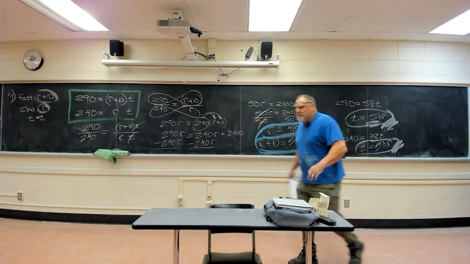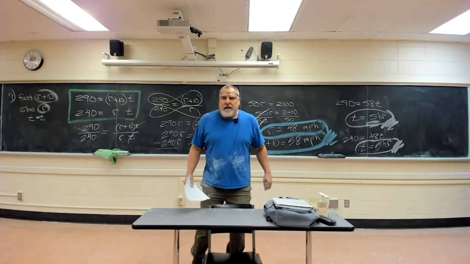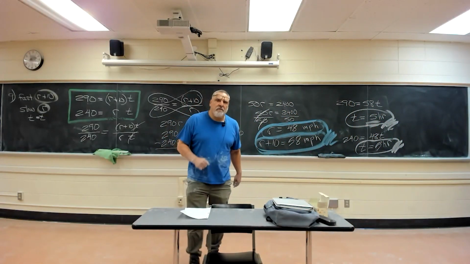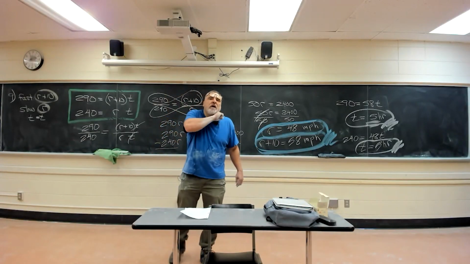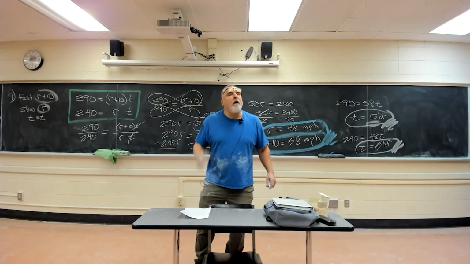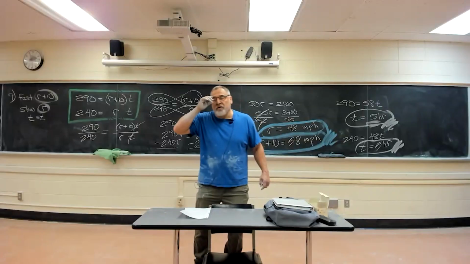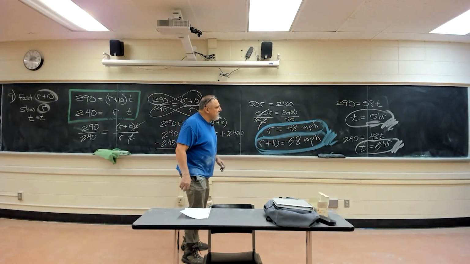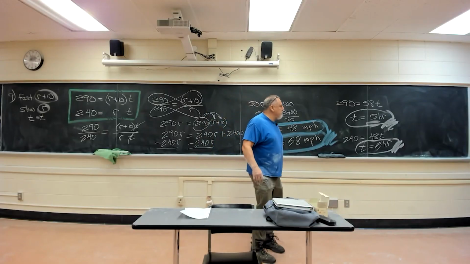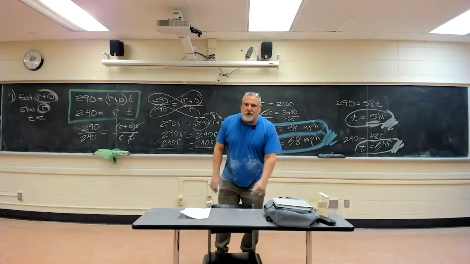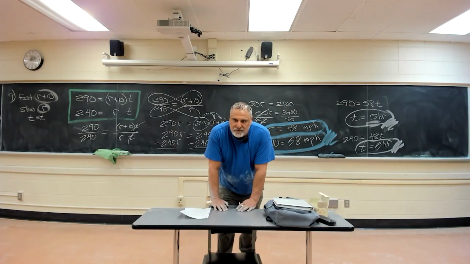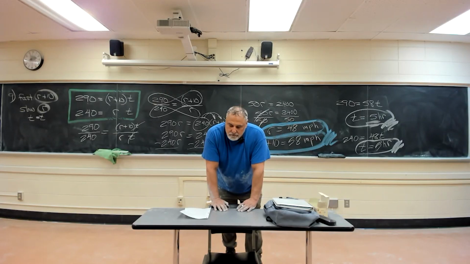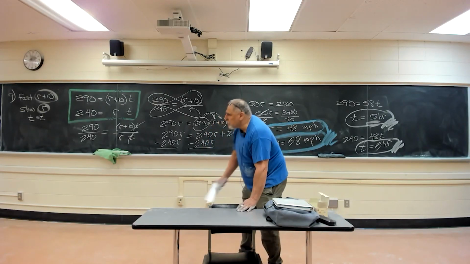Nobody asked us how long they were traveling to cover the distance that each covered. 5 hours at 58 miles per hour is 290 miles. 5 hours at 48 miles per hour is 240. Sounds good to me. They didn't ask us that. They just wanted the speeds, and we got it.